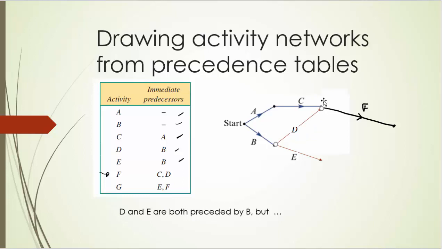Now you'd have to redraw it, so rub yours out and do it again. Likewise, G is preceded by E and F. Well, we can see now that what we're going to have to do is draw in G and join up E to there.